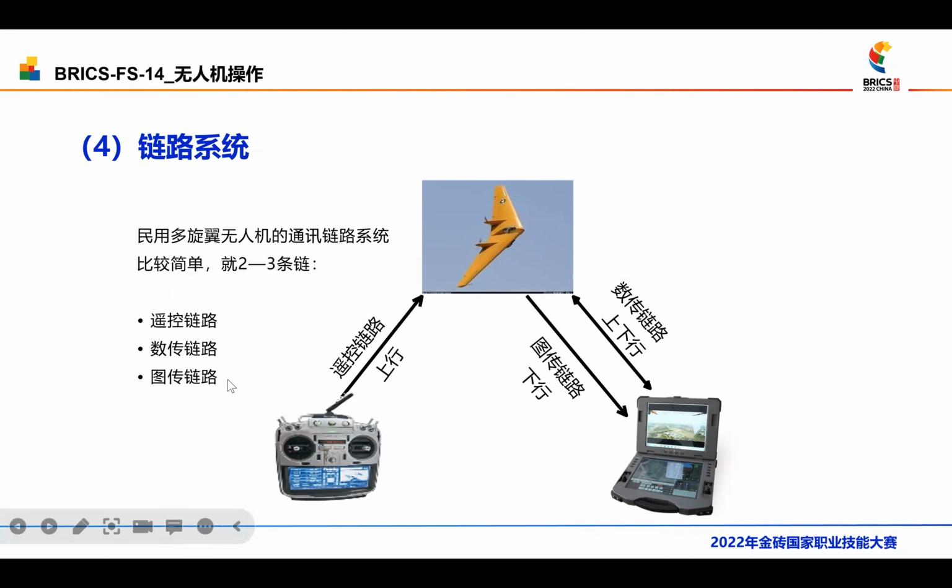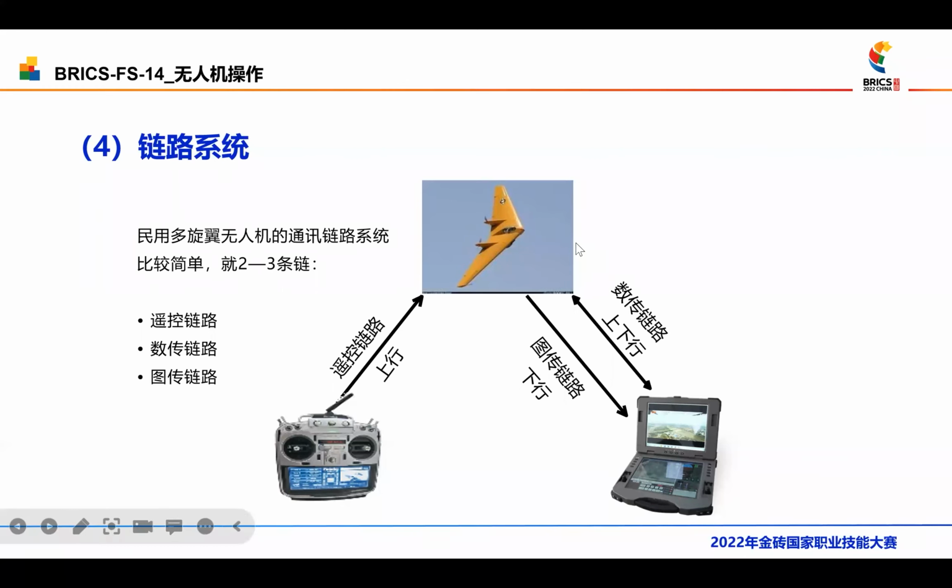Generally speaking, UAV has two to three links, namely remote control link, data transmission link, and image transmission link. The remote control link is composed of the remote controller in our hands and the receiver on the UAV. It is a one-way uplink.